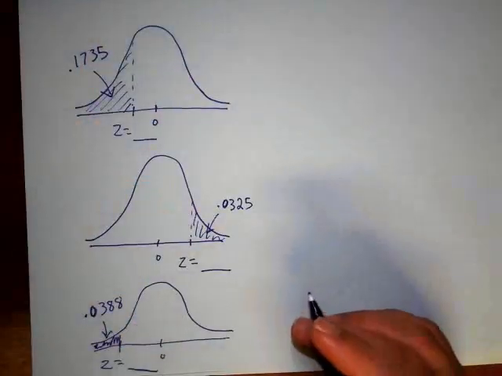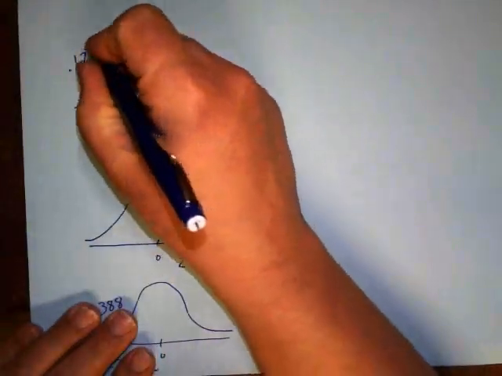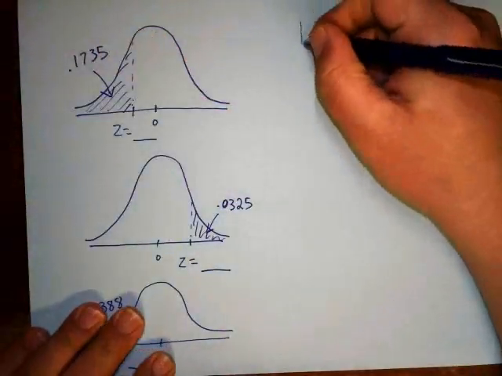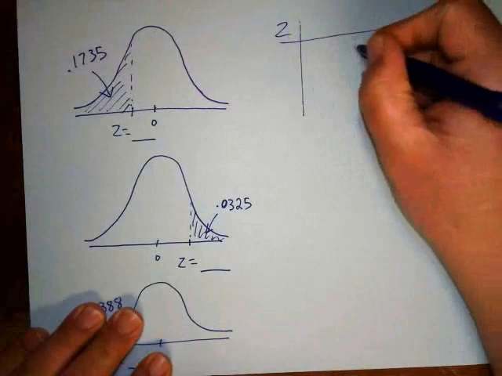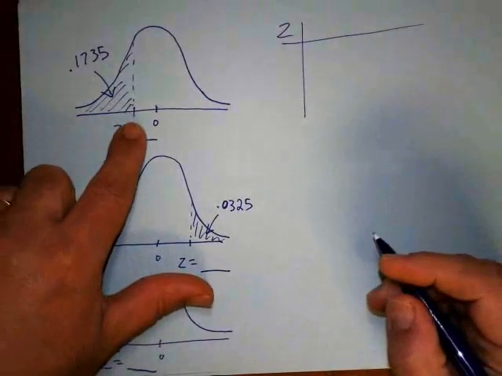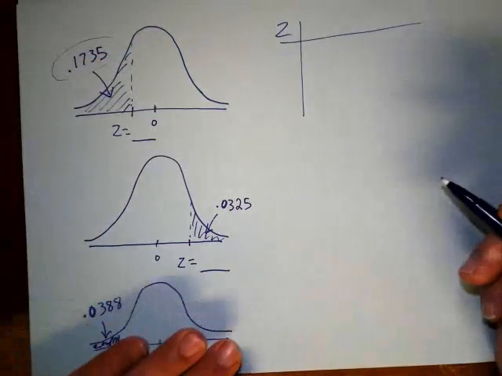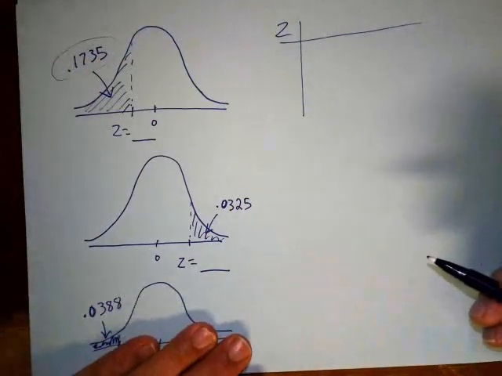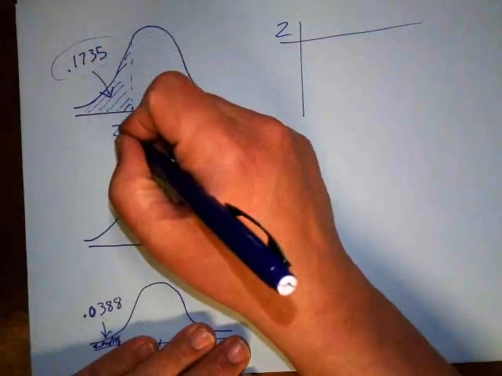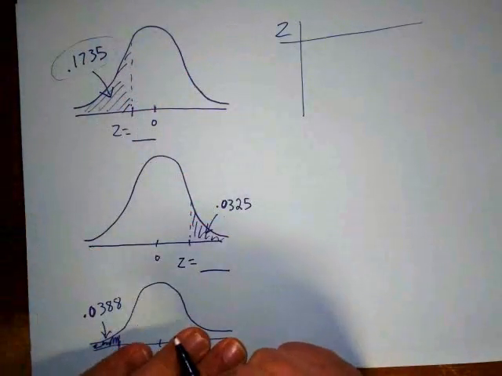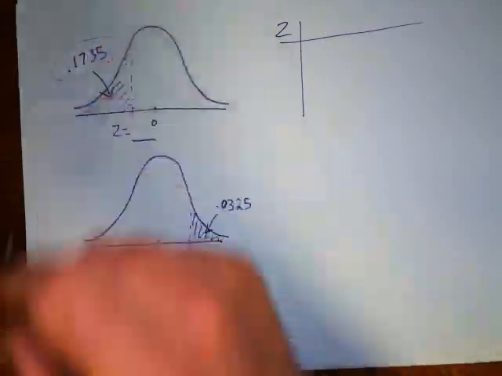So I'm going to get as close to that number as I can on my table. I'll look through here, in this case on the negative side, until I find the number that comes closest. That will give me the Z-score to the nearest hundredths place that gives me this area. So let's see what I can find.